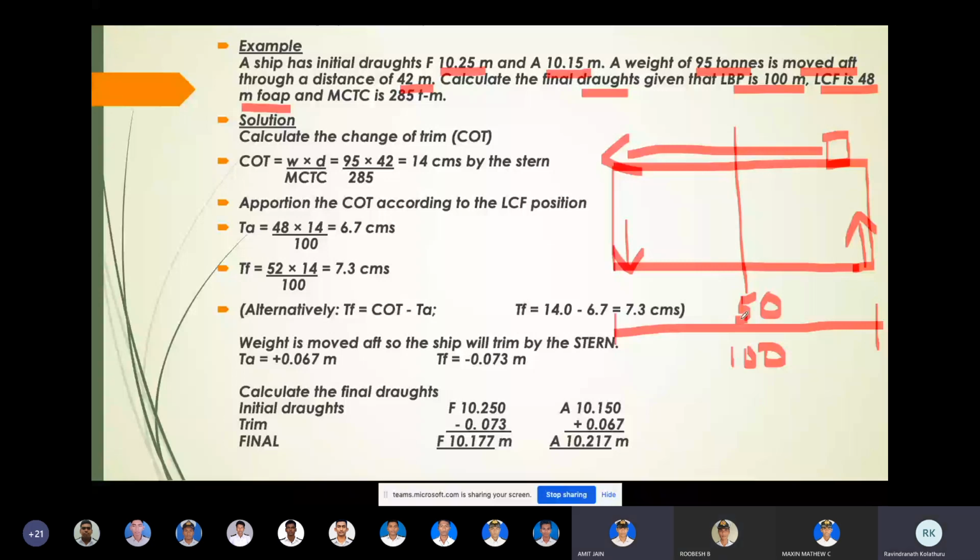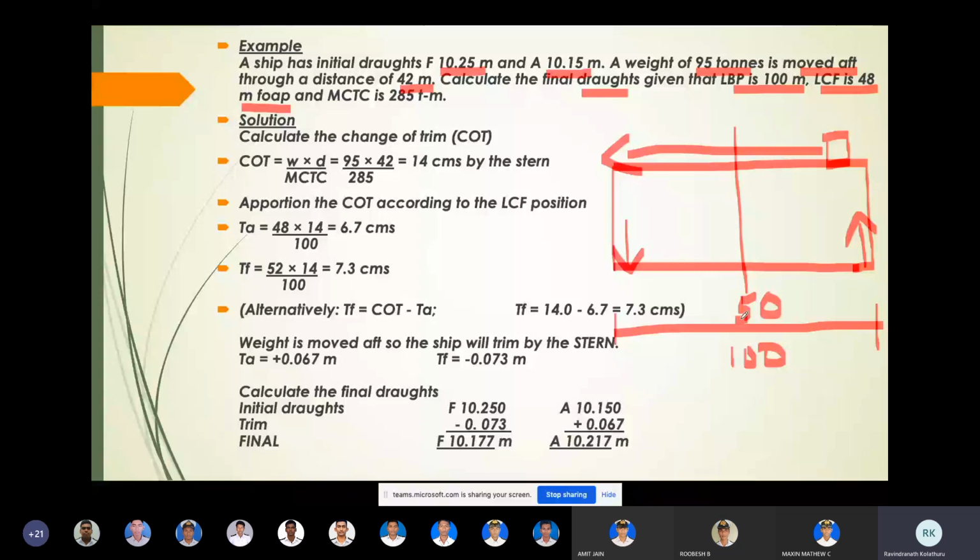So 48 meters from the aft perpendicular to the flotation. When you see the position of F, whether it is aft of midship or forward of midship: aft, sir. Yeah, aft of midship, because I already know my midship is at 50.